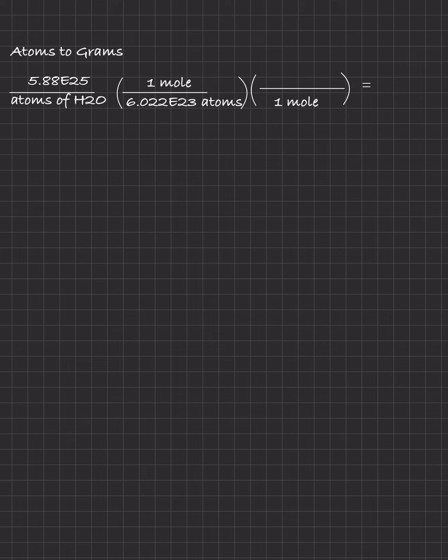Again, you go to the periodic table and you get 2 hydrogens plus oxygen: 2 times 1.008 plus 15.999. That gives you your mass. And when you punch this into the calculator, you should get 1759.02 grams of water.